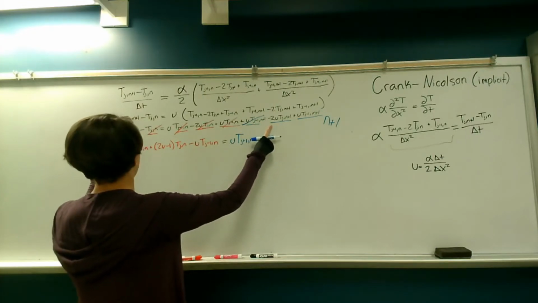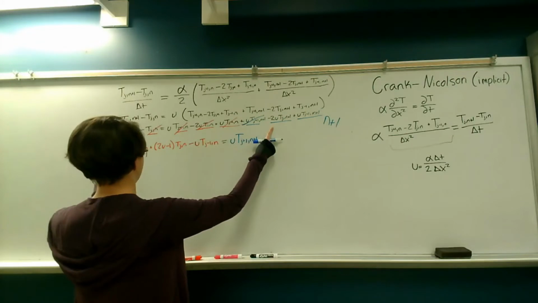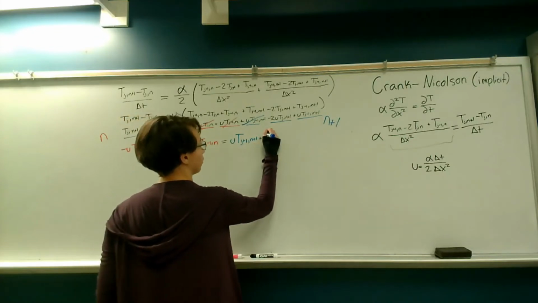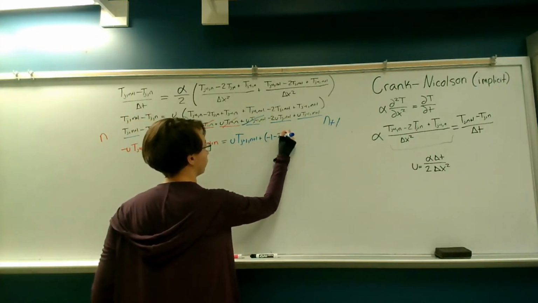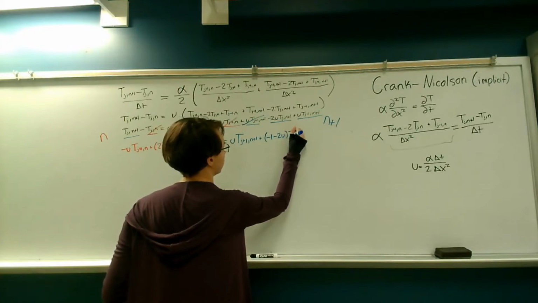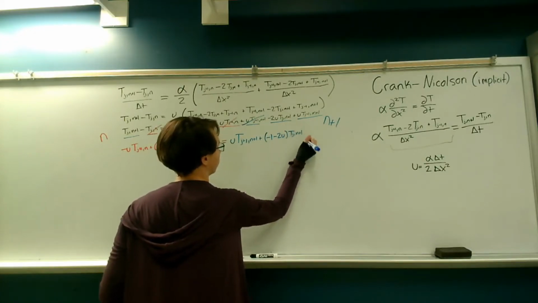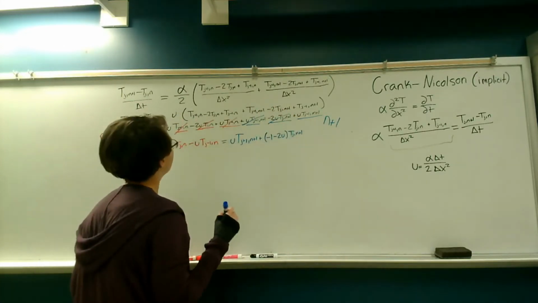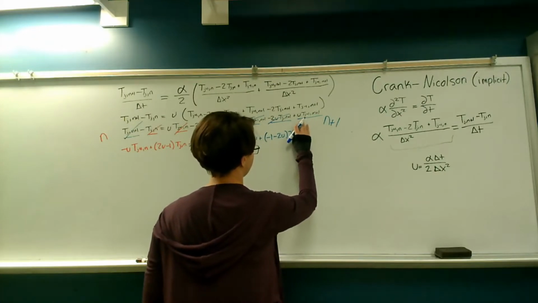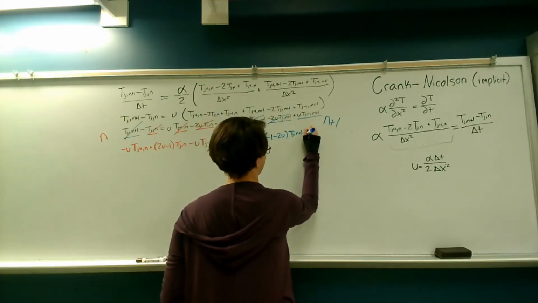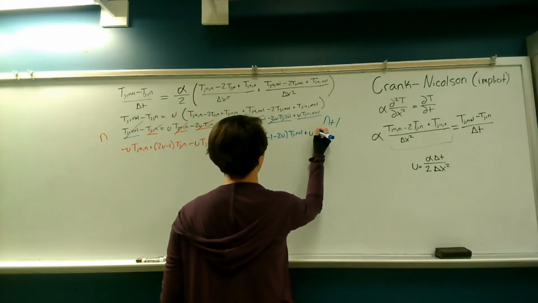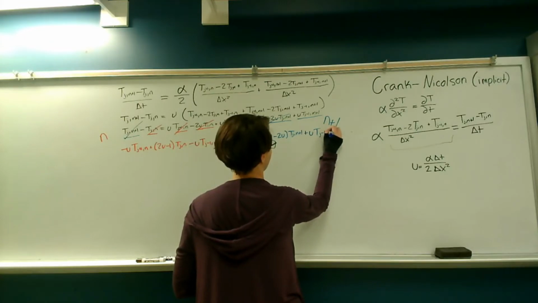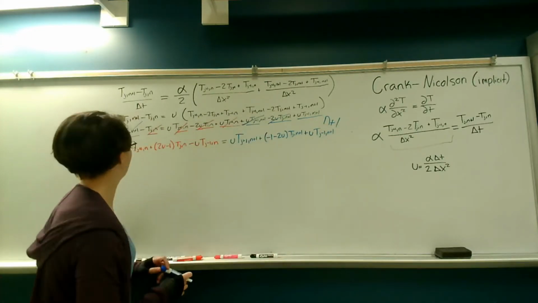So this will be 1, so we'll subtract this over, so we'll have negative 1 minus 2u times t, j, n plus 1. And then we're going to just keep this one like it is, so it's plus u with t, j minus 1, n plus 1.